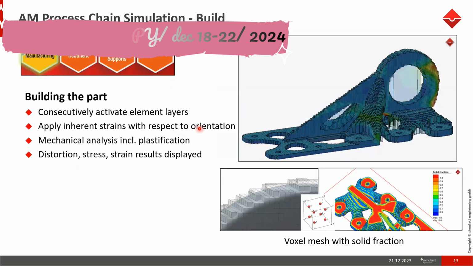This shows the building of the part. You can see in the software how it looks: we create the mesh of the part. We bring in the scan part from your machine, or you can get the CAD part from your CAD software, and we mesh it like this.